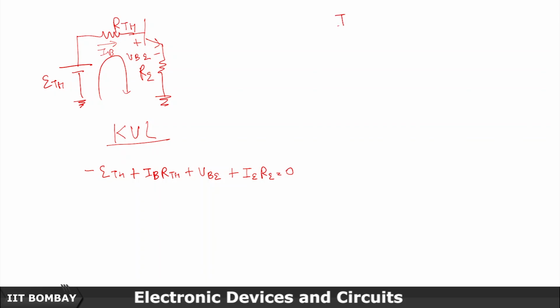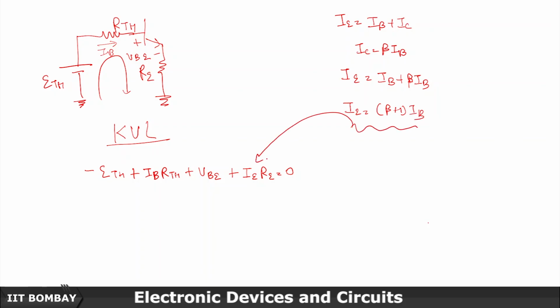And we know that IE is a combination of IB plus IC, and IC is equal to beta IB, which makes IE equal to IB plus beta IB, so IE equals beta plus 1 times IB, and we can substitute this equation here.